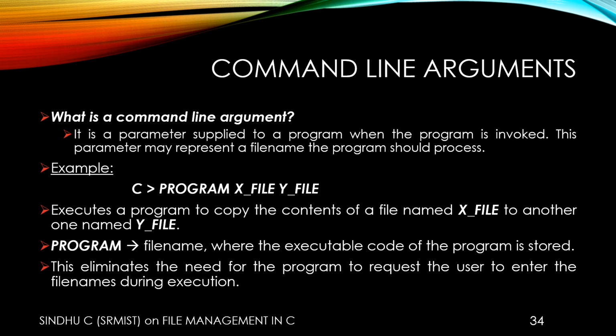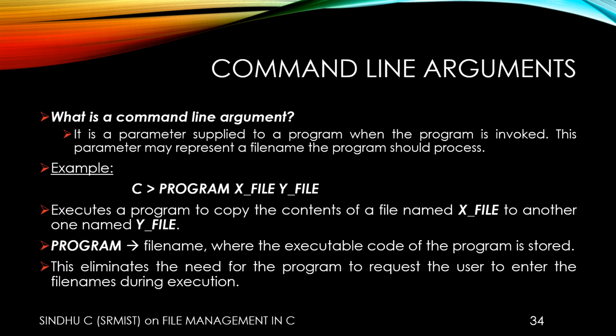Finally, command line arguments. A command line argument is a parameter supplied to a program when the program is invoked. This parameter may represent a file name the program should process. Here you have an example: program xfile yfile.